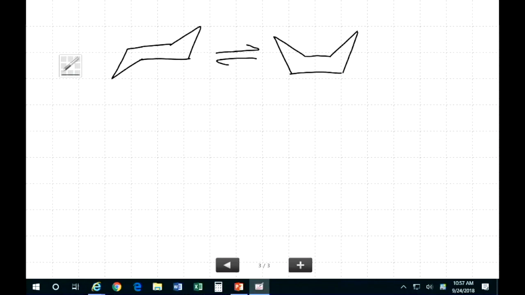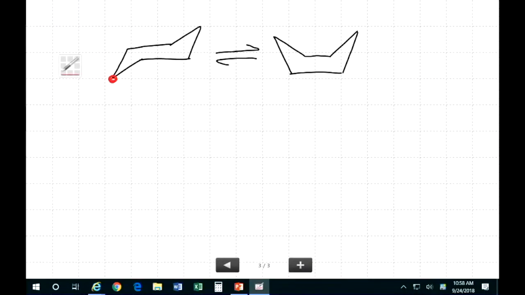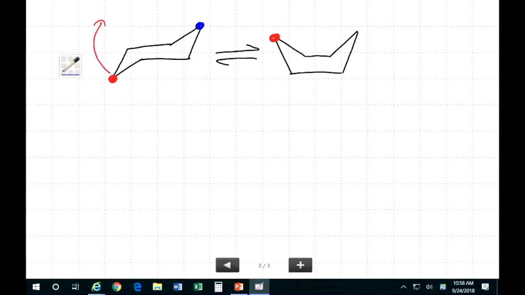So basically what we did to get from chair to boat is that we took this same carbon here, grabbed it, and pulled it up. That got us there. And then we can get to our other chair. We can finish the ring flip if we go from here and pull this down.